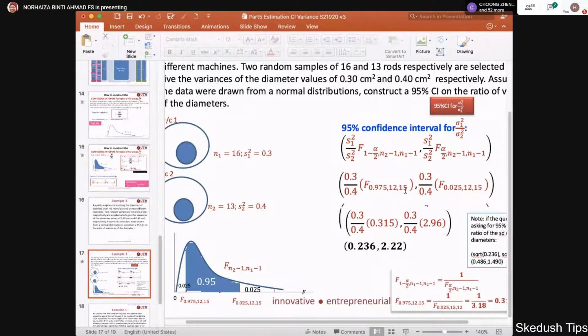Can you find the value from your statistics table? Can you find F 0.025, 12, 15? Can you find that value in your statistics table?